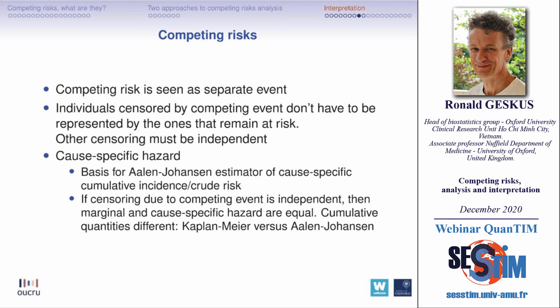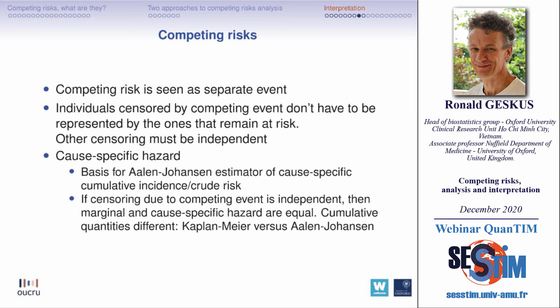But then still the next step is different. For the risk, for the cumulative probability, for the marginal analysis, we compute the Kaplan-Meier. For the cause-specific analysis, we compute the Aalen-Johansen estimator. So the Kaplan-Meier is the probability, say, to have infection in the world in which nobody is discharged, whereas the Aalen-Johansen estimator quantifies the probability to have an infection in hospital as observed.